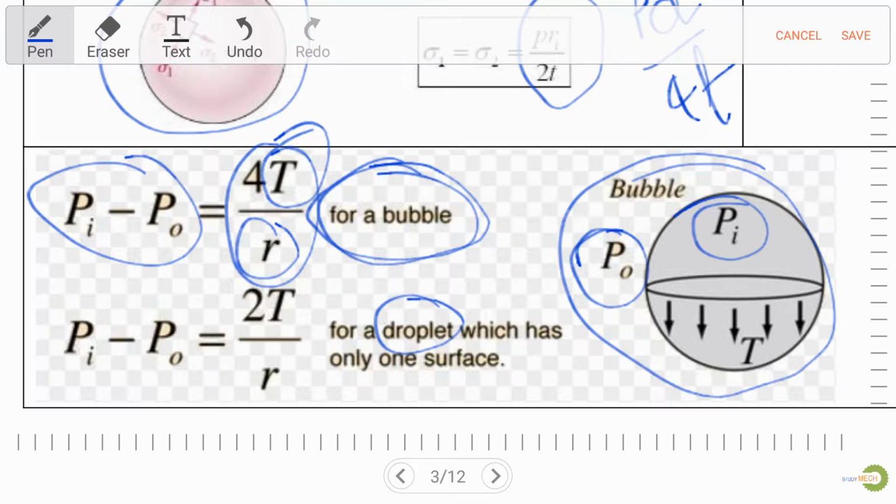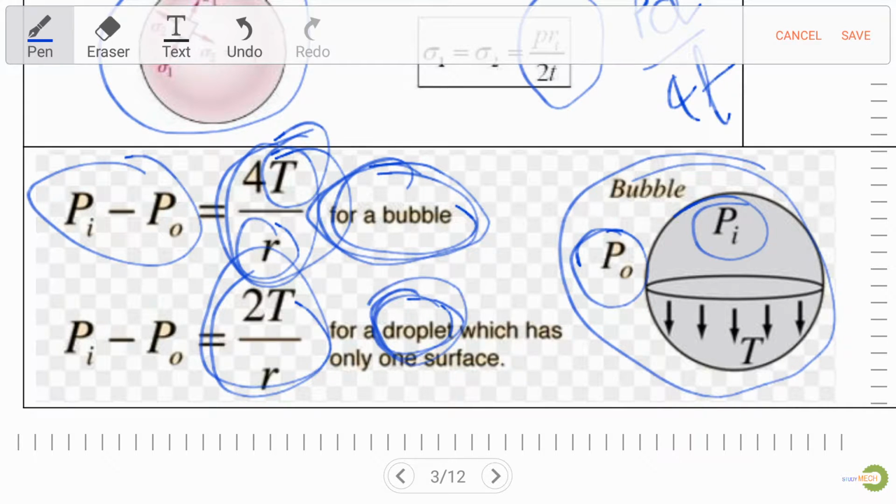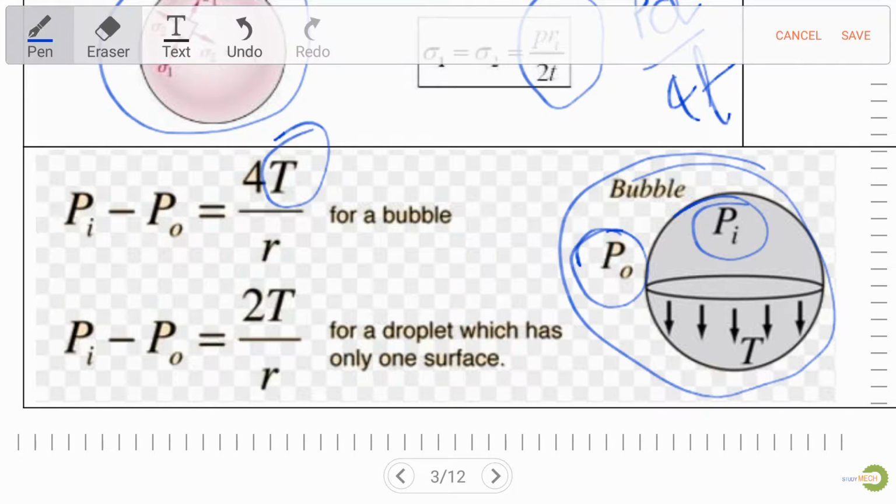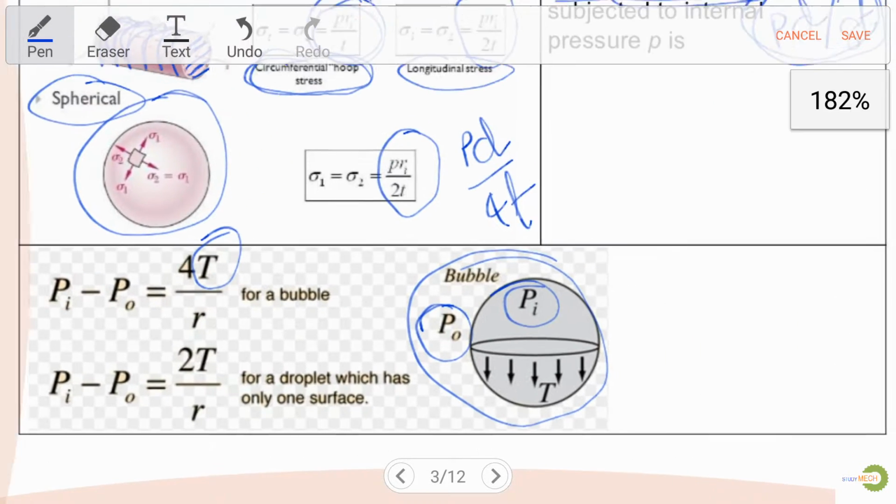And for the case of droplet, we have equation twice T upon R. So always remember, for bubble 4T by R, and for droplet we have equation twice T upon R. Now let's move to the next detail.